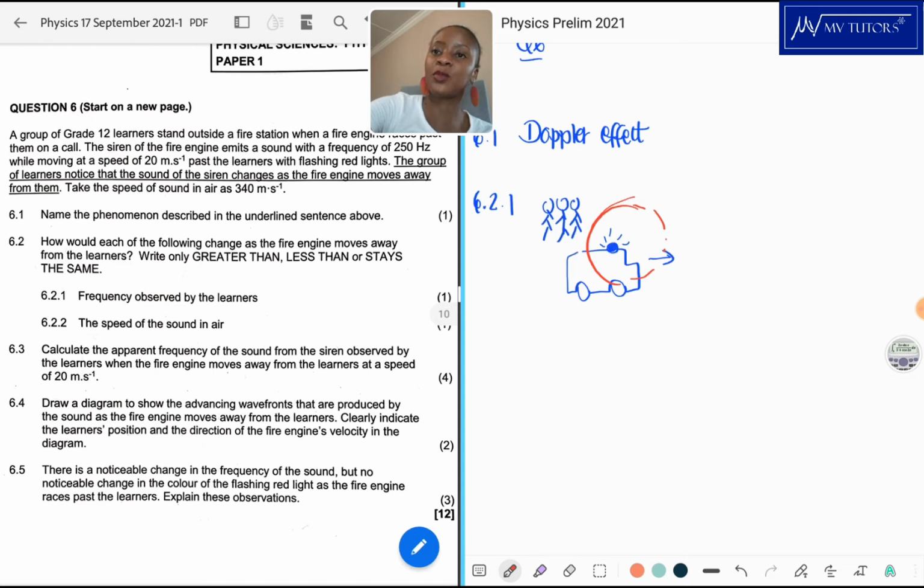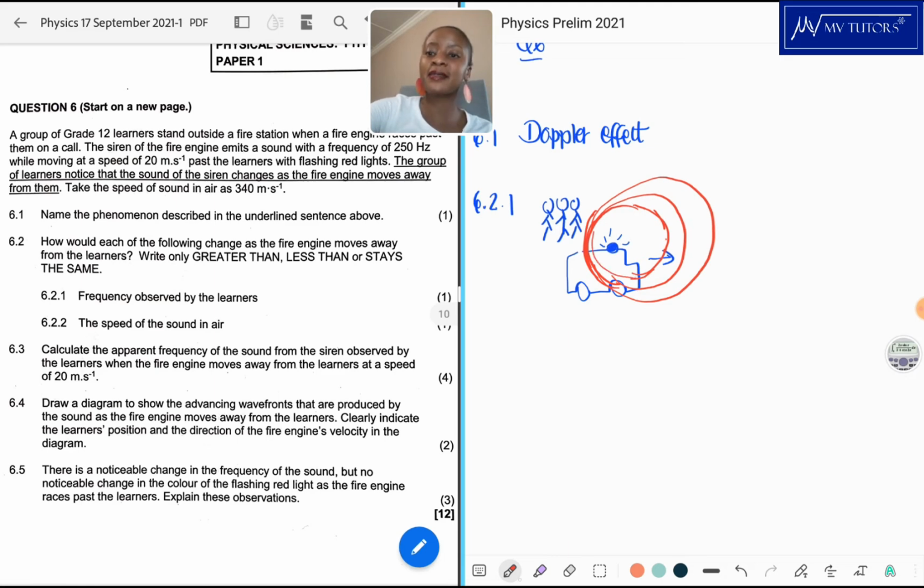So it would look something like this, this is what I wanted to show. This is when it's near them, so the wavelength is actually shorter here.